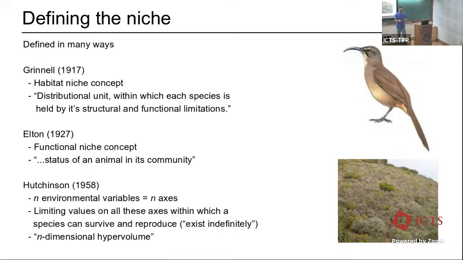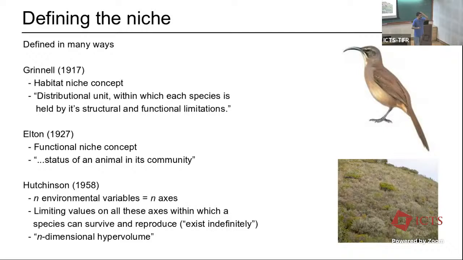So Grinnell comes up with the habitat niche concept, which is not the role that an organism is playing in the community, but pretty much where that organism is found. So when we say things like rainforest bird, coral reef fish, we're talking about the habitat niche concept. We're saying this species is limited to this kind of habitat. It cannot occupy any other kind of habitat.